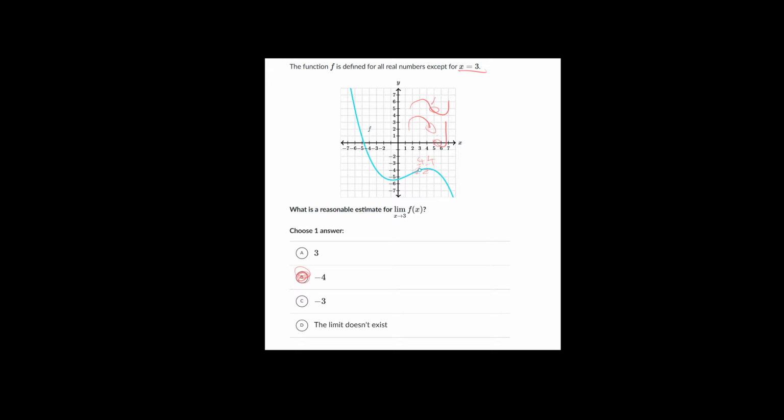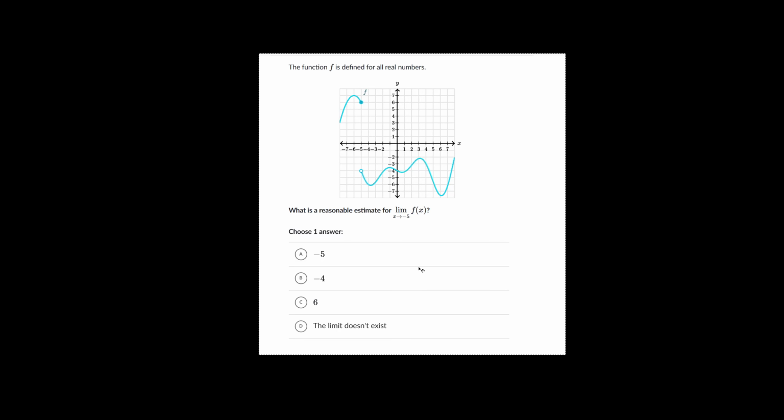Okay, now we have something different. I most likely should have talked about this. What is the limit as x approaches -5? So when we look at this, you most likely will think, oh, look at it.